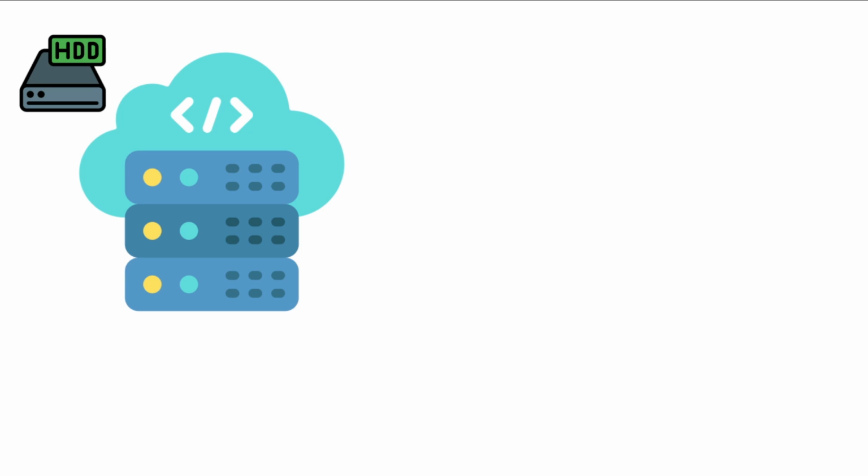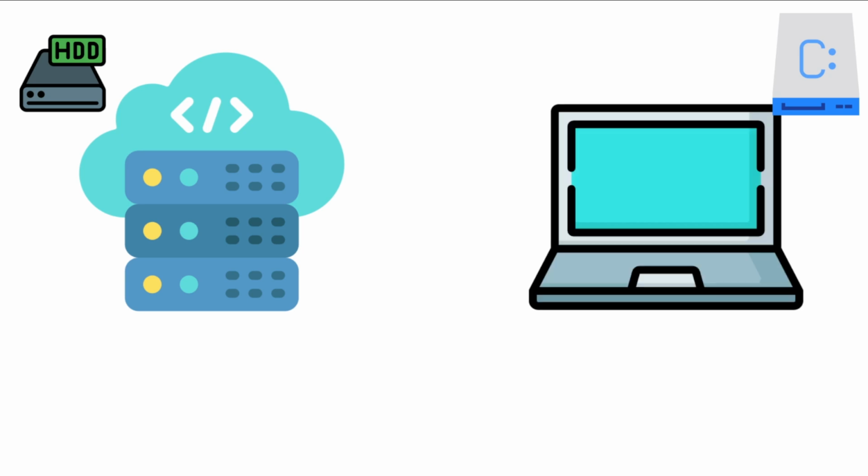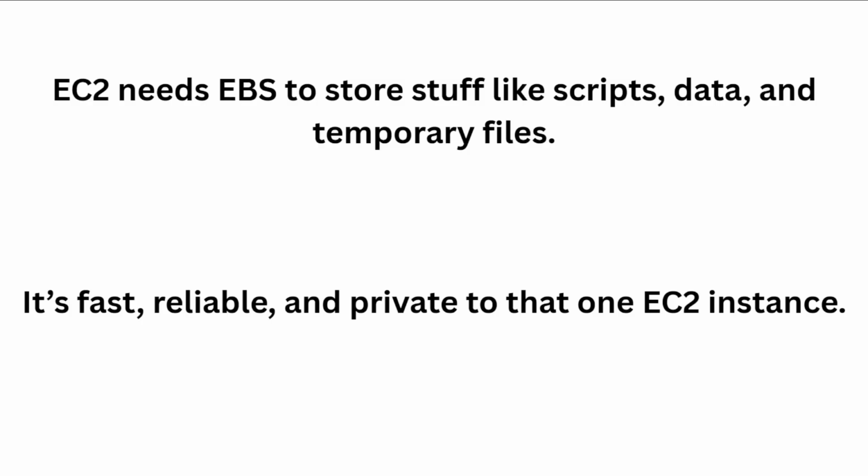What is EC2, we will explain later, but you can think of EC2 as an online server which is connected with some hard drive, just like how your laptop has a local disk. EC2 needs EBS to store stuff like scripts, data, and temporary files. It is fast, reliable, and private to that one EC2 instance or server.